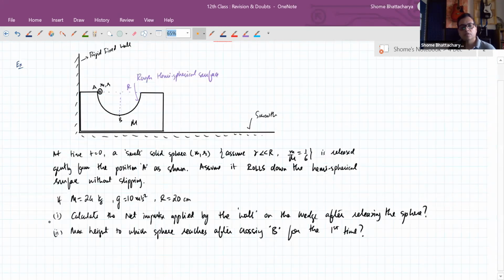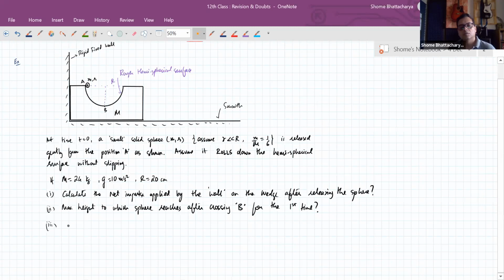You have to also calculate the speed of the wedge at the instant when it just loses contact with the wall.